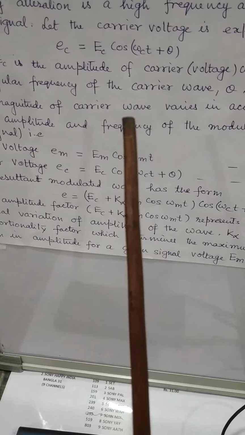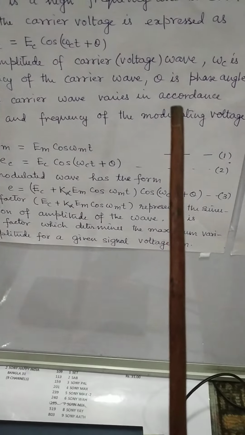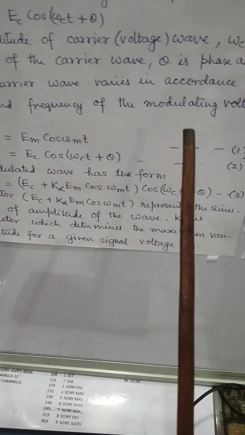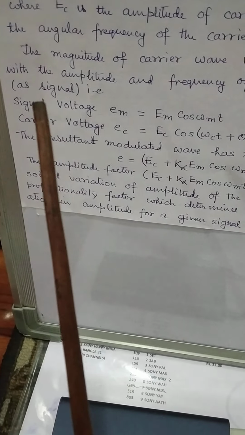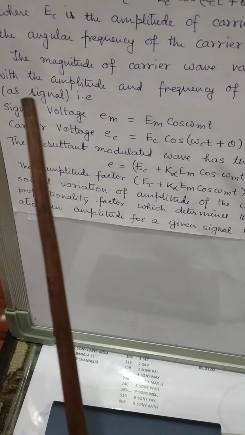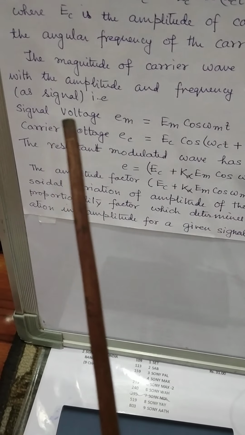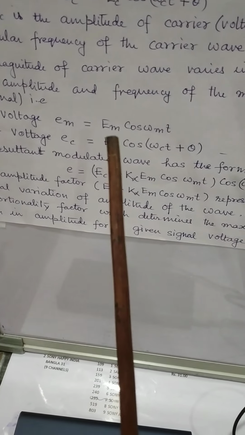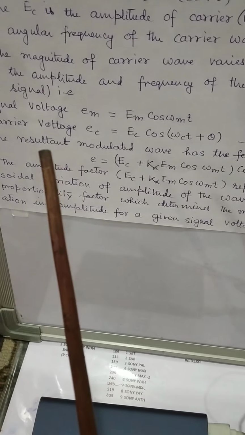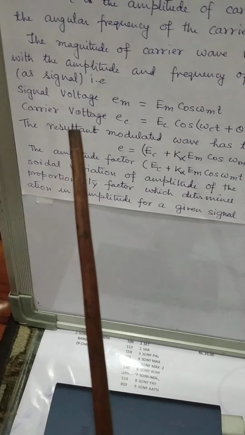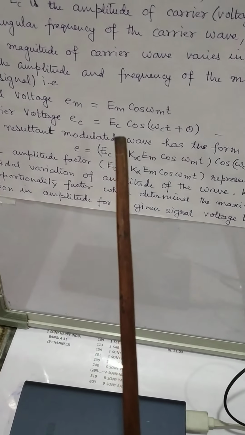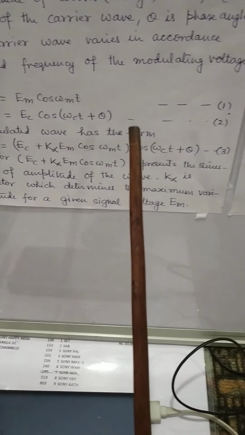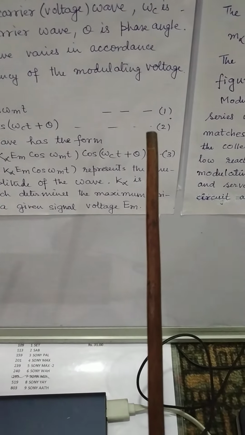The magnitude of the carrier wave varies in accordance with the amplitude and frequency of the modulating voltage, which is taken as the signal. That is, signal voltage e_m = E_m cos ω_m t, and carrier voltage e_c = E_c cos ω_c t. Let it be equation number 2.